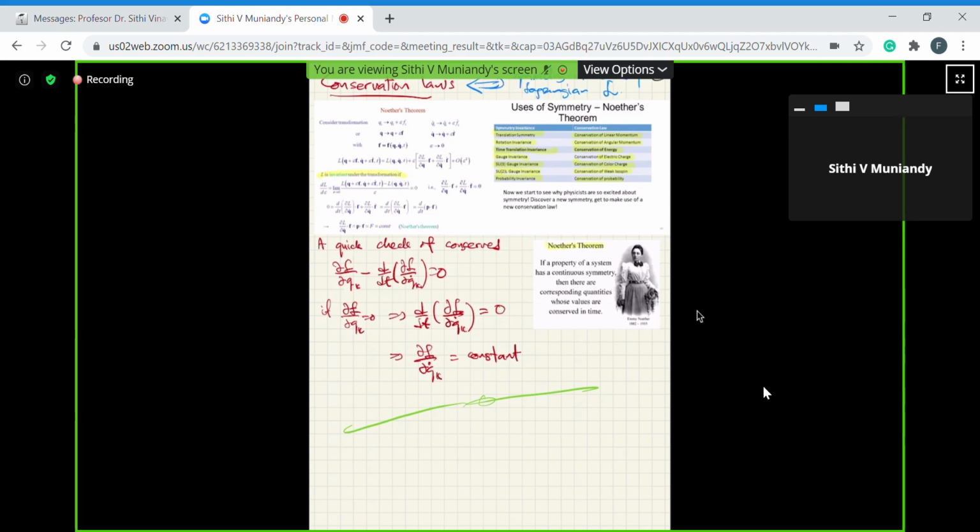You will appreciate both sides: how much she had to suffer in her time, when things were not in favor of women mathematicians, and at the same time, that her work is now recognized as the backbone of all fundamental theories.